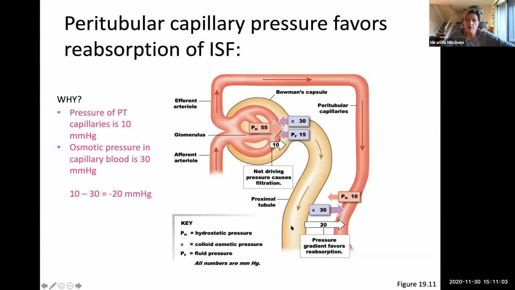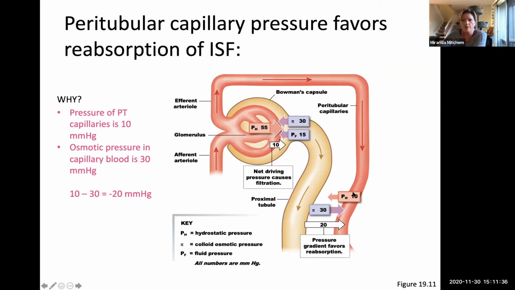Now, the proximal tubule, we've learned, and all of the nephron, is wrapped with the peritubular capillaries, but the directionality favors the movement of material back to our bloodstream. Let's see what I mean. Okay, so we've got our 10 millimeters of mercury coming down, and then we've still got pressure in our blood, right?